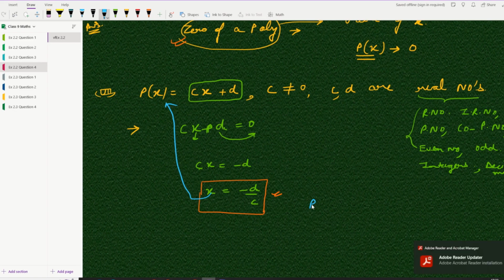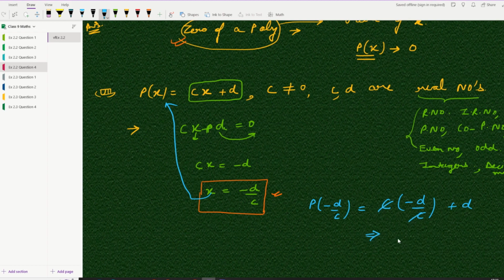So it will become p of minus d upon c, that is equal to c, and in place of x it will come minus d upon c, plus d. So c and c cancel out, so it will be minus d plus d. Again they will be cancelled out. Final answer is 0.